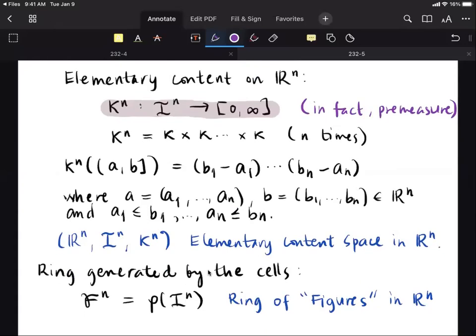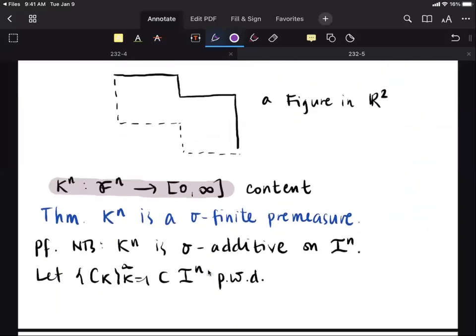Now, if your elementary content is also a premeasure on the semiring of cells, then again, applying Hans' theorem, if you have a premeasure on the semiring, you will also get a premeasure on the ring.